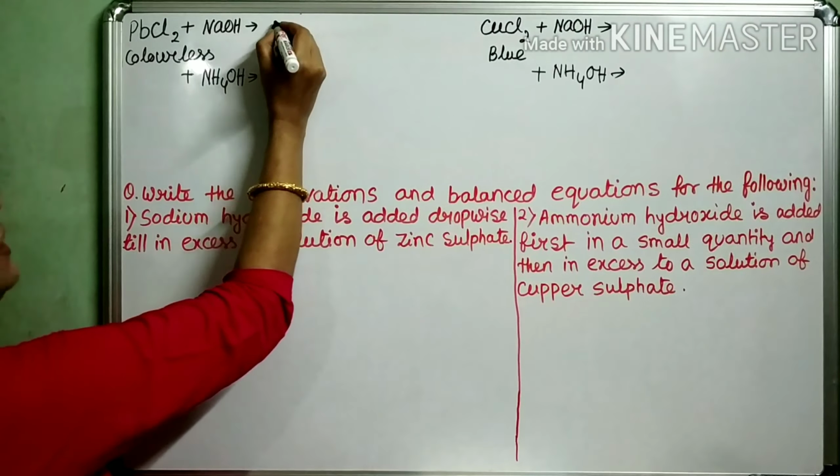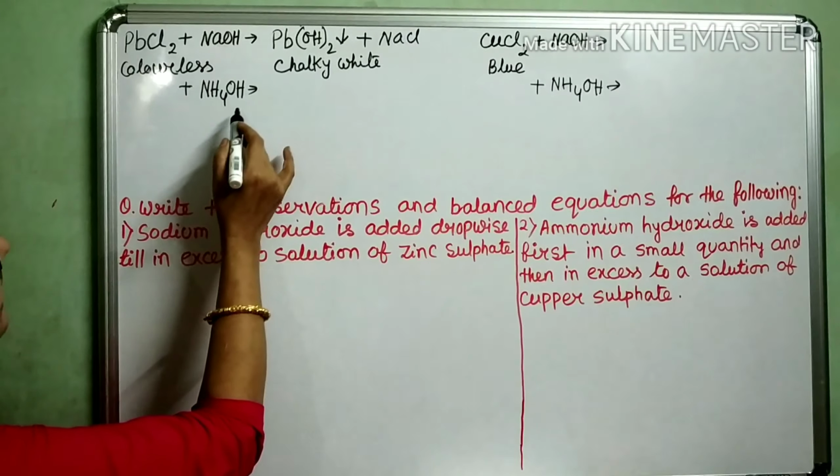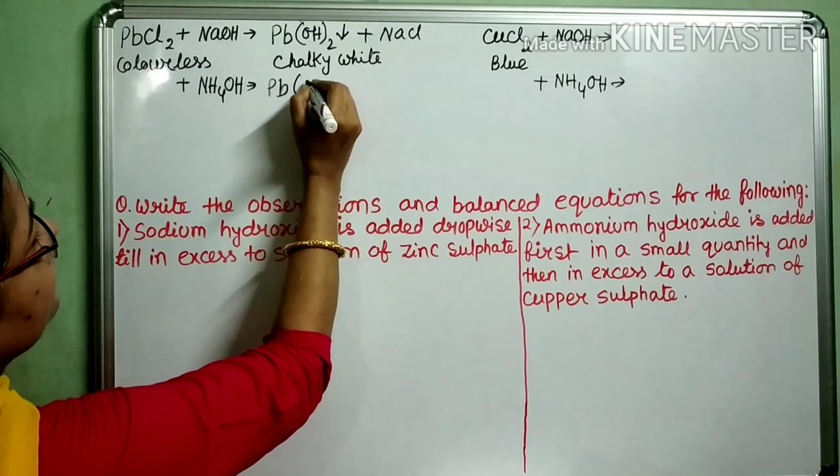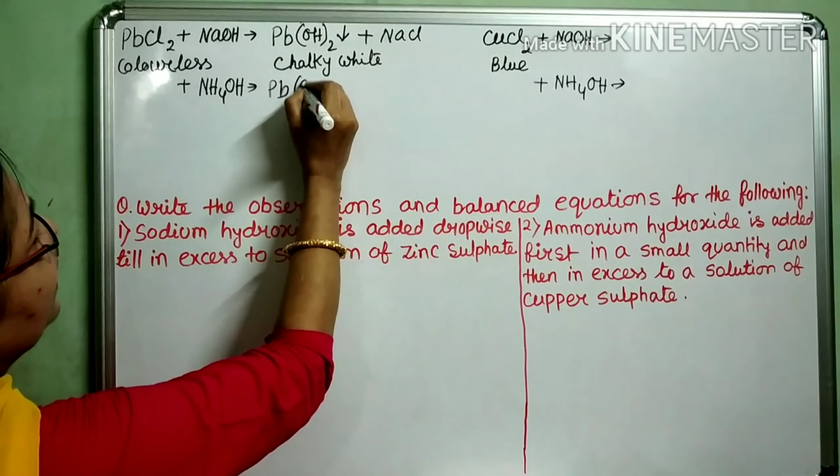A chalky white precipitate is formed. When lead chloride reacts with NH4OH, same as lead hydroxide, a chalky white, insoluble precipitate is formed and NH4Cl is formed. But what happens when excess NaOH or NH4OH is added?